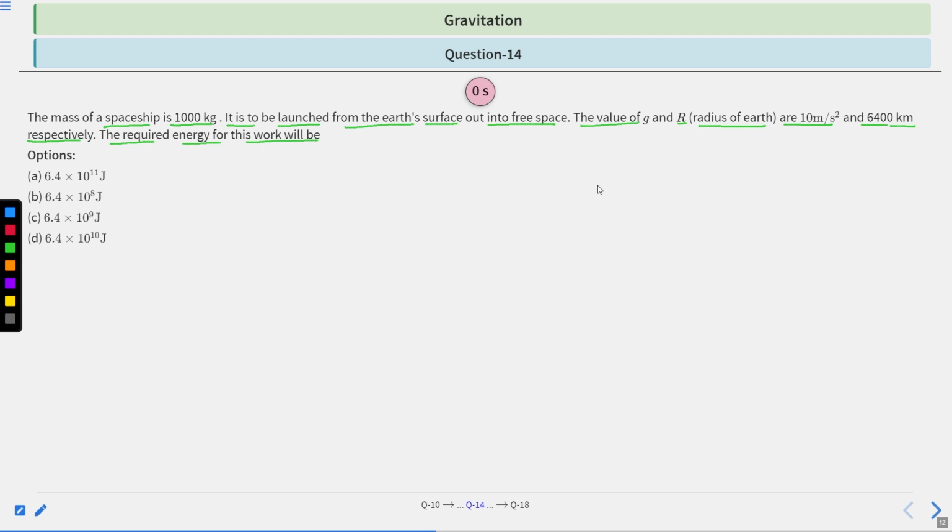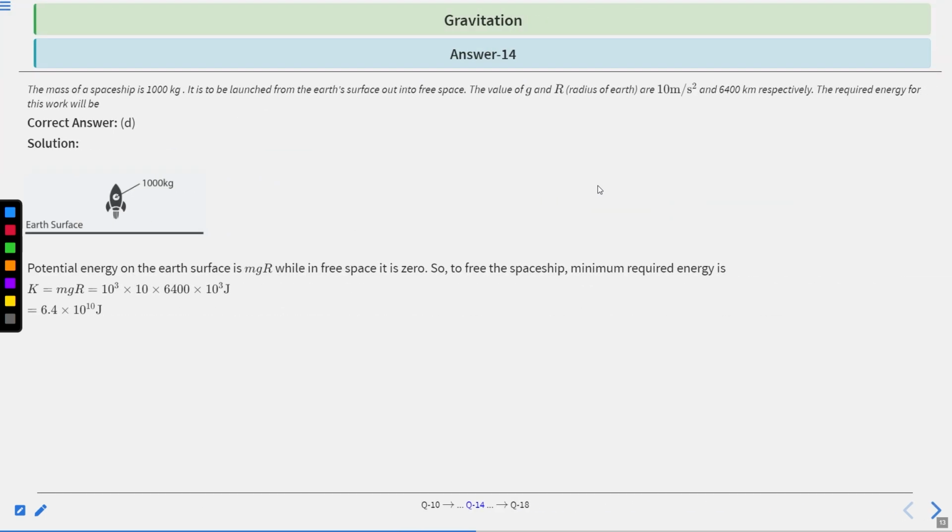Let's find a solution. So, the mass of the spaceship is 1000 kg. Clear? Suppose this is a spaceship and the mass is 1000 kg. It is to be launched from the Earth's surface out into free space.